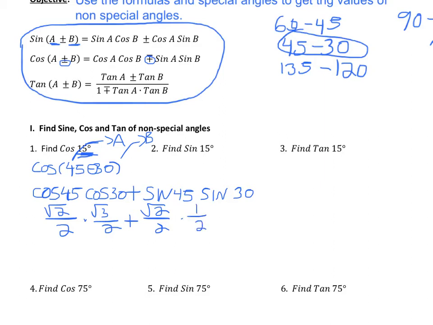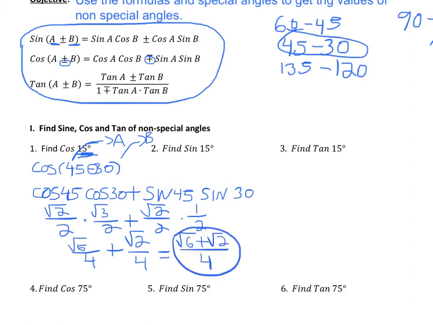And then if I just multiply these out, root 2 over 2 times root 3 over 2 is root 6 over 4. And then root 2 over 2 times 1/2 is root 2 over 4. You have the same denominator, you're adding, so I can combine these and just say it equals root 6 plus root 2 over 4. And that's it. That's all you do to this.